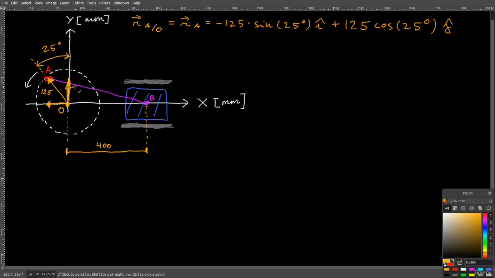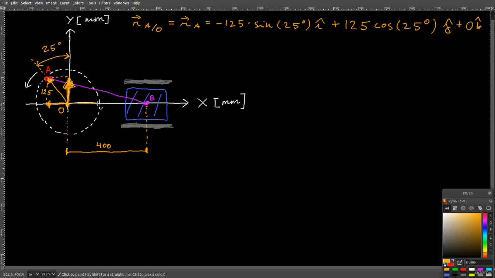It's positive because it points in the positive y direction. And then to be complete, I could also write plus 0 times k. Since we have a two-dimensional problem right now, we don't have a third dimension, which means that you have 0 millimeters in the k direction. But if you had a three-dimensional problem, then you would have another number here.